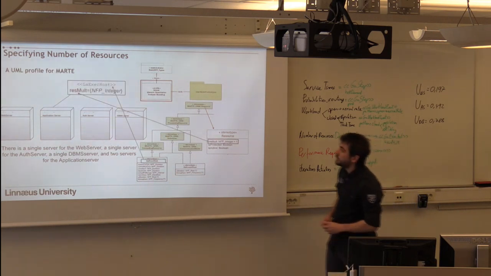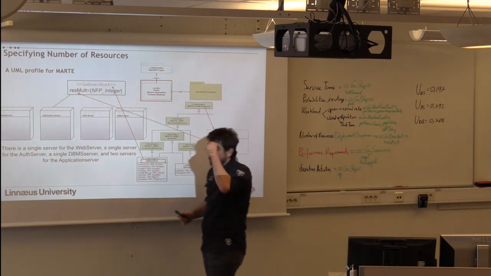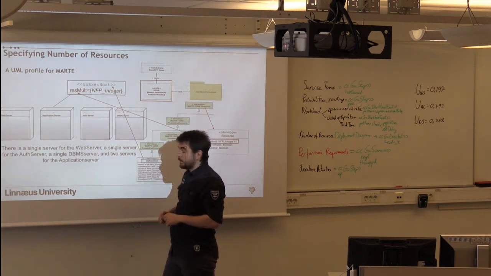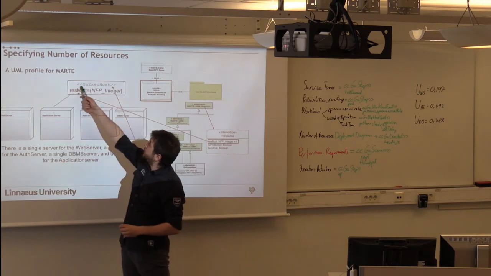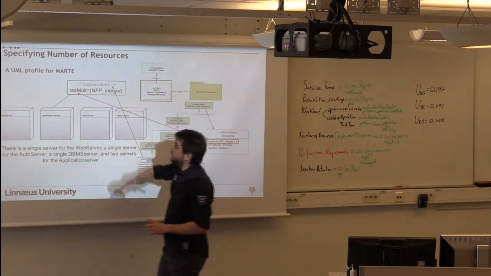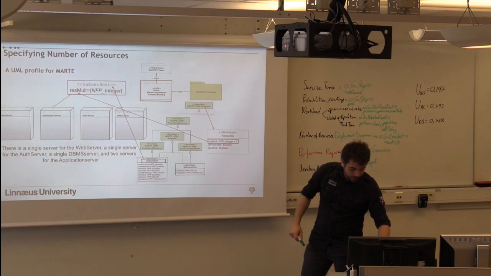Like this. So our application server has the stereotype, resmult, and integer. In this case, 2.